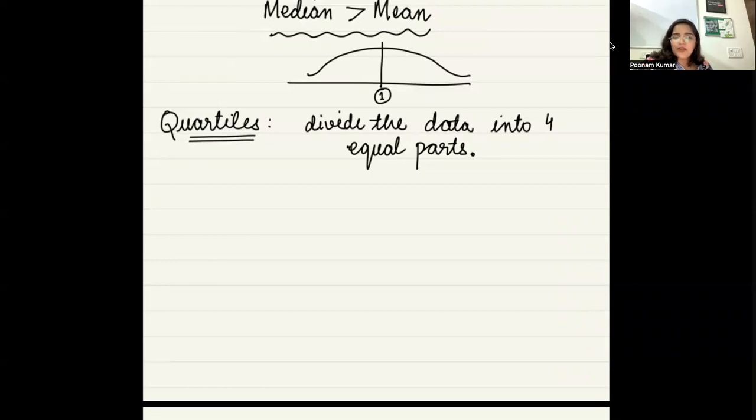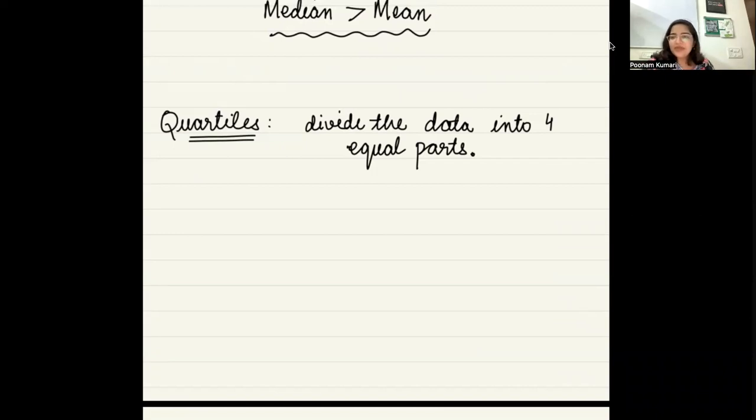How many numbers do you need to divide the data into 2 equal parts, which is the median? Median is only a single number, right? So if you have to divide your data into 4 equal parts, how many numbers do you need? Ma'am, 3. Exactly. Very nice.